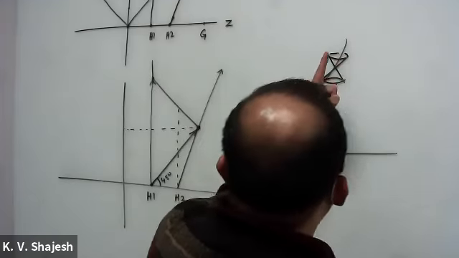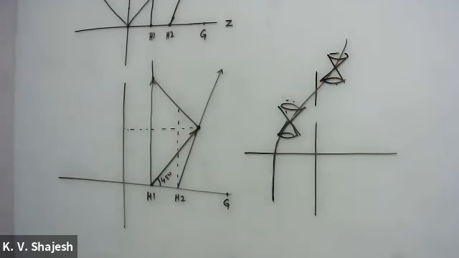So it should enter from the bottom cone and get out from the upper cone. That's the signature of an appropriate world line. Otherwise, it's not an appropriate world line. Okay, so that's the world line of a particle.